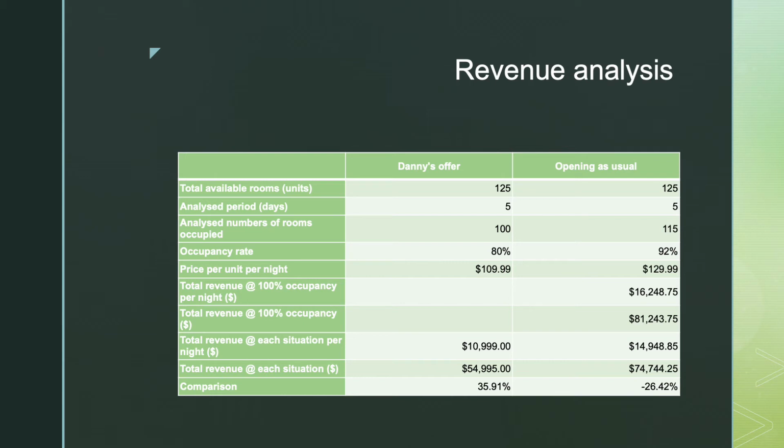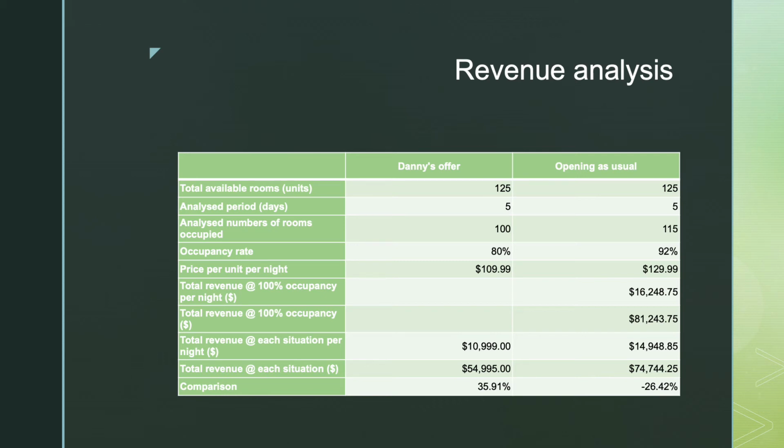The period of analysis is from the 28th of December to the 2nd of January, which is a 5-day period. As a result of these calculations, by taking Denny's offer, the hotel will generate revenue of $54,995, considering the percentage difference between the two situations. From taking Denny's offer to opening as usual, that will be an increase of 35.9%.